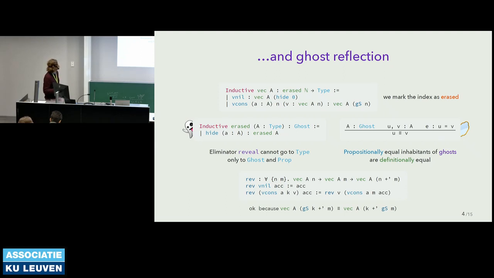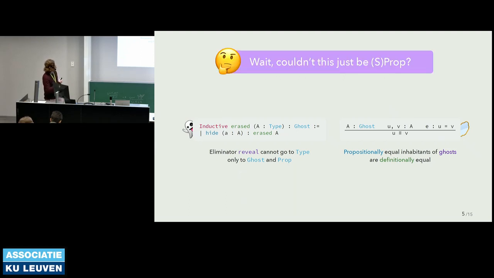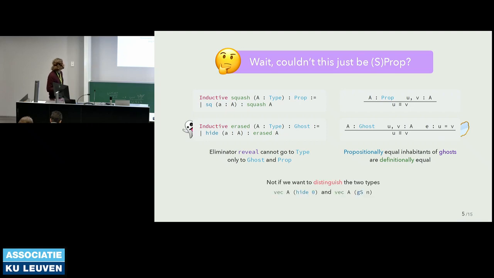But basically it works, okay? But then if you look at this, you might be wondering, well, maybe that's just propositions, right? This is the squash instead of erased. And then, sure, reflection is a special case of proof irrelevance. I can just say that any things that are ghost, I can just equate them, and then I'm done, right?